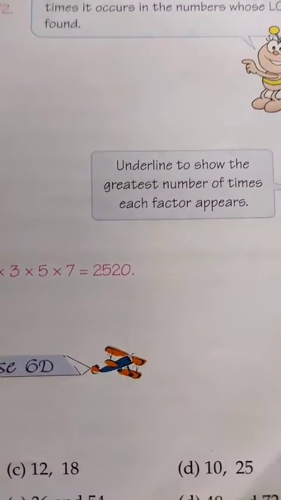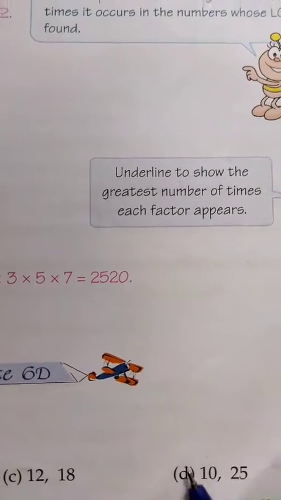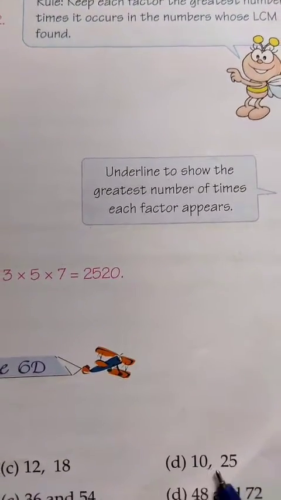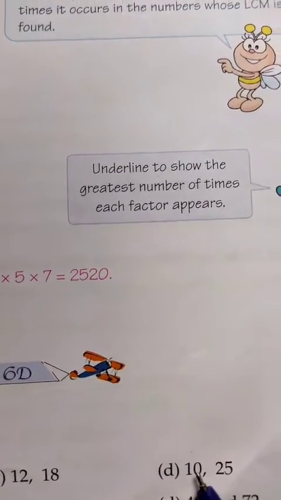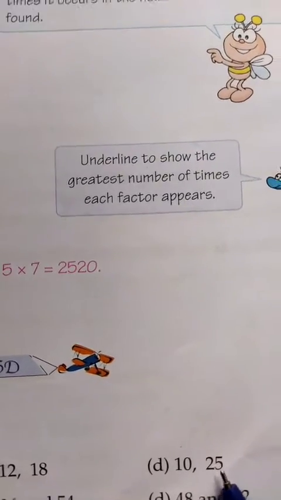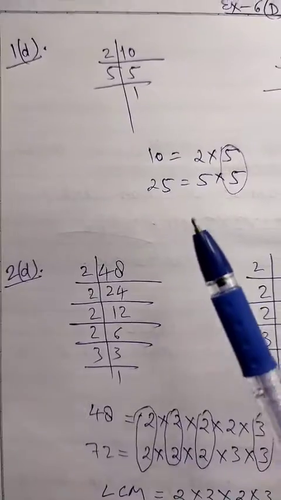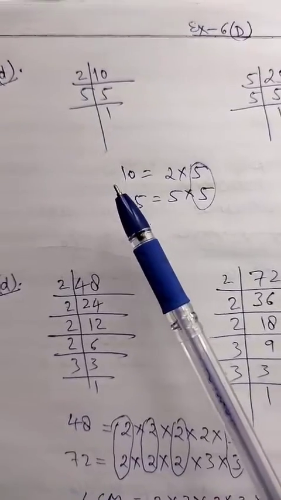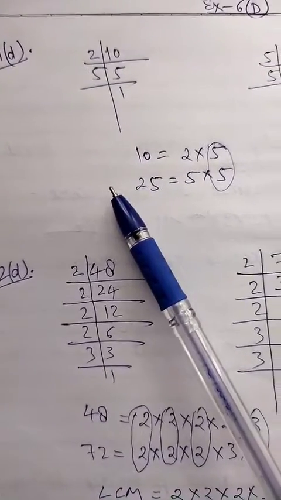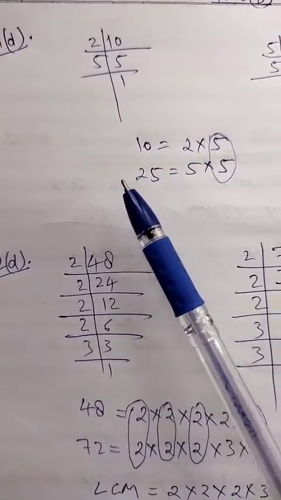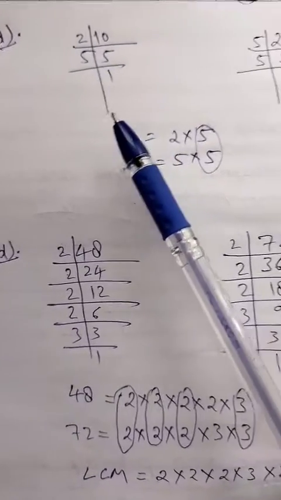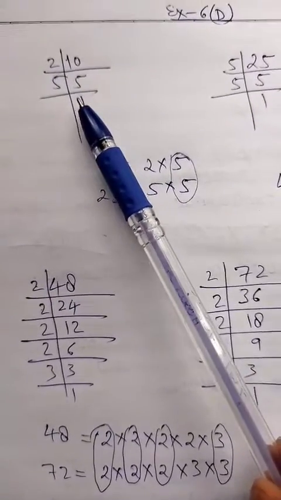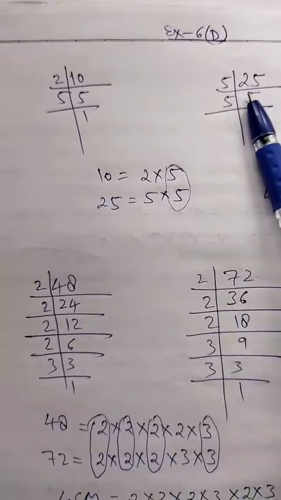It is 10 and 25. You have to find the LCM of the numbers 10 and 25. So how will you find this? All of you know factorization. In the previous chapter you studied how to find the factors of a number. So first of all we will find the factors of both numbers, 10 and 25.